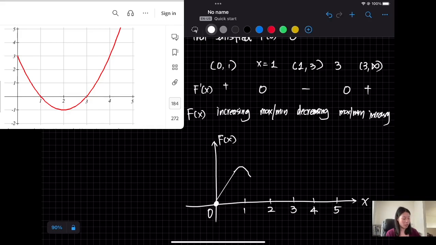But we know that after 1, the function is decreasing, and at 2, it's still decreasing. Then at 3, the function hits 0, and after 3, the function goes up, increasing. So this is approximately what the function looks like. So at 1, the function is going to be a maximum. At x equals 3, the function is going to be a minimum.